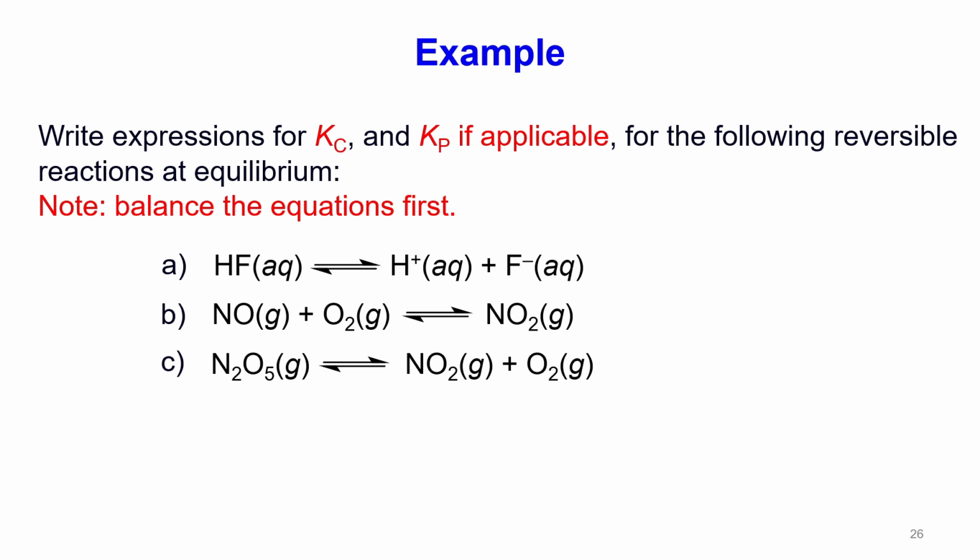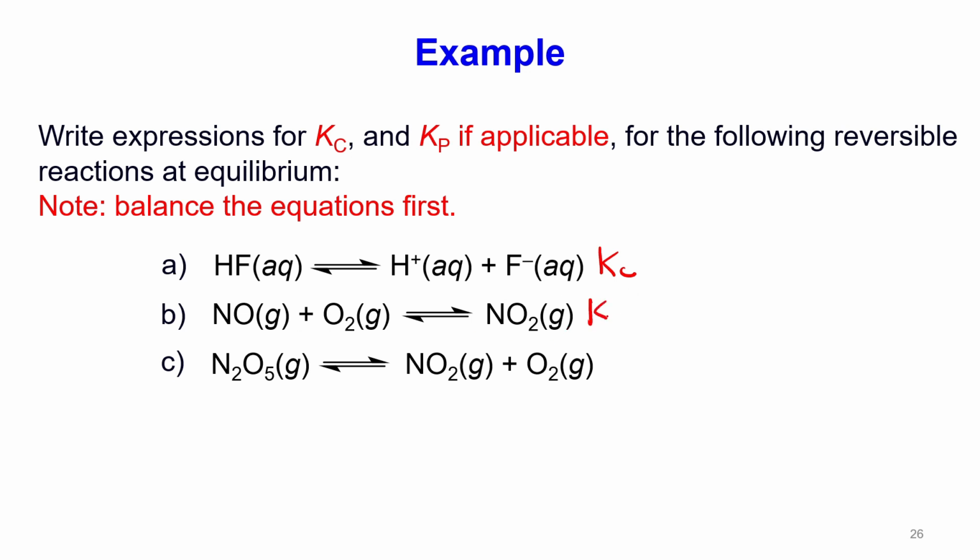Write the expression for Kc and Kp if applicable for the following reversible reaction at equilibrium. Note that you must balance the equation first. So kalau untuk A, dia sudah balance, jadi kita tak perlu balance dah. Untuk this one kita ada Kc, dan this one kita ada Kc dan juga Kp.